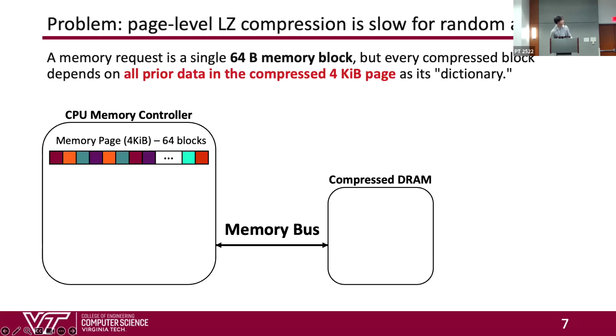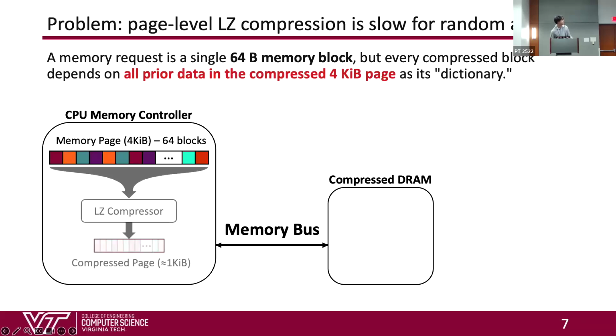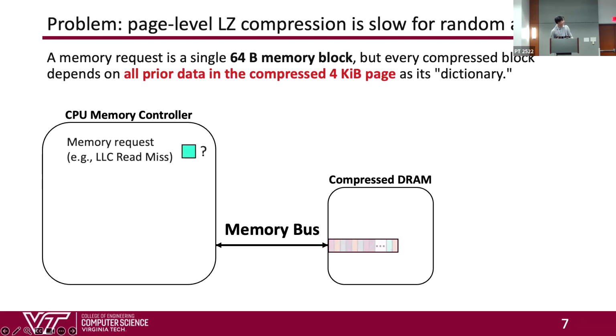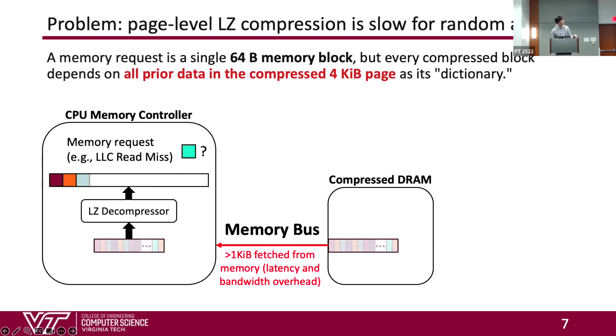I have this quick example here where a cold memory page is being compressed by an LZ compressor, and then it goes to compressed DRAM, and everything is fine until there's a memory request. And then while this block is potentially stalling the pipeline, the processor has to wait for maybe over a kilobyte of data to be fetched and then serially decompressed by the decompressor before the memory request can be served.